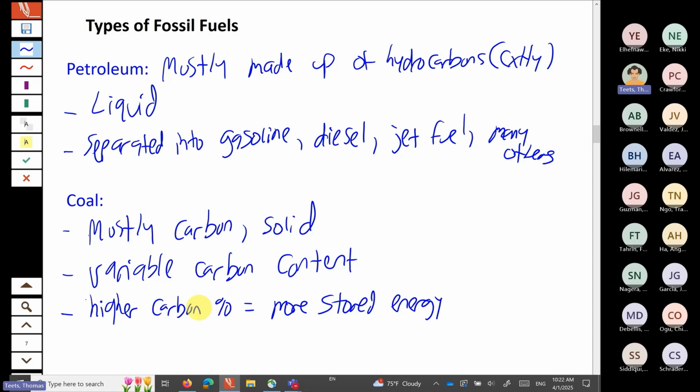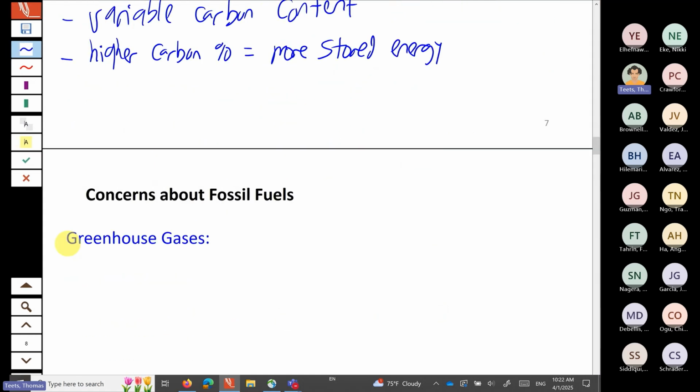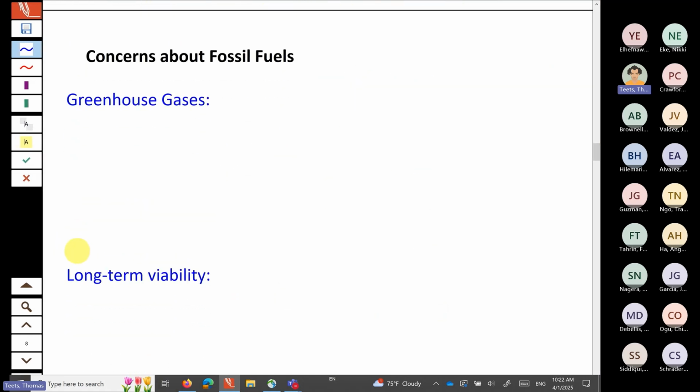Now, there are concerns, though, about the continued use of fossil fuels. So you've probably heard of these things in the popular media, if not in science courses, one of them is greenhouse gases. So a lot of the products that are released from either the production or the burning of fossil fuels are known as greenhouse gases.